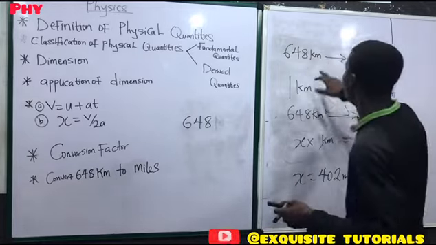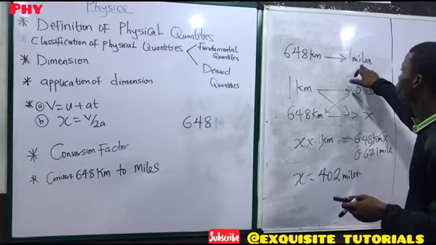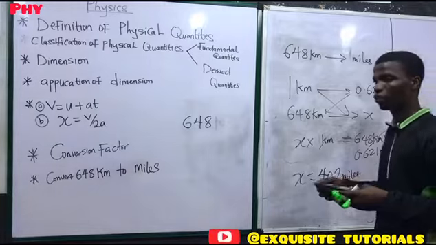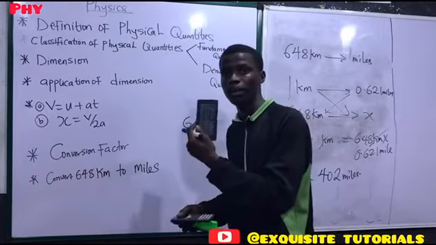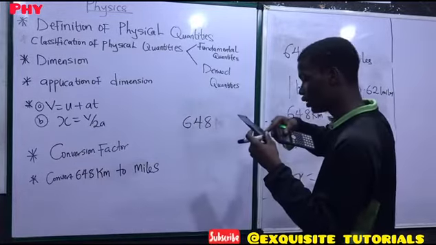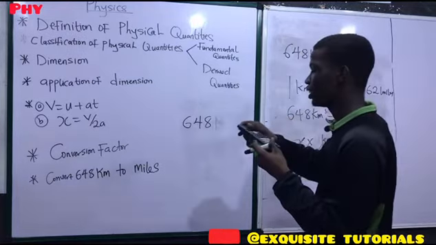Then how can I convert kilometers to miles? You check the back of your calculator, where they usually place it. Where can I convert kilometers to miles? Okay, it's at 8 here.